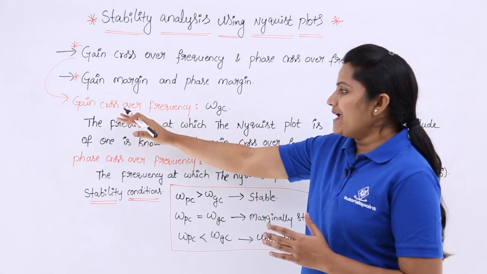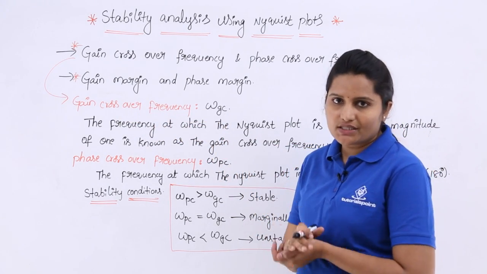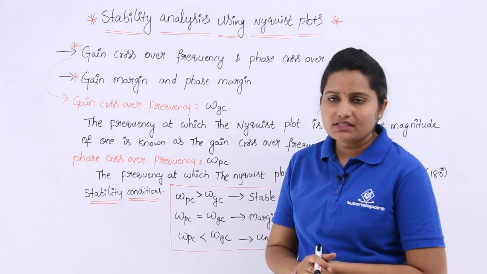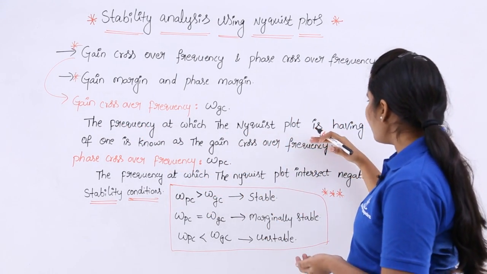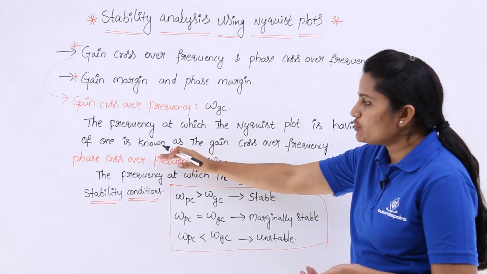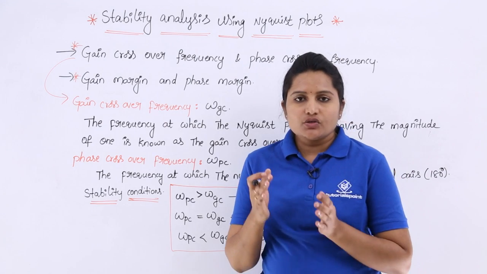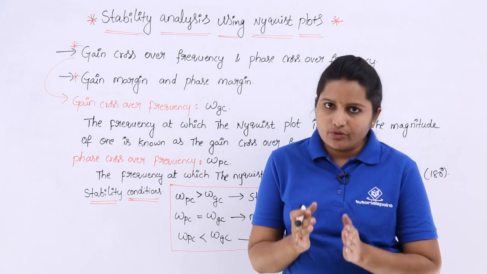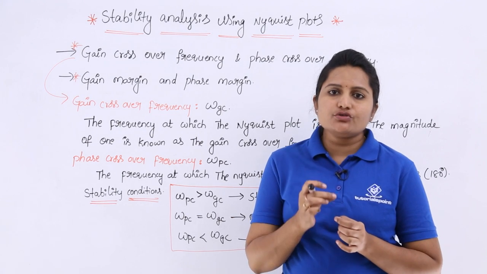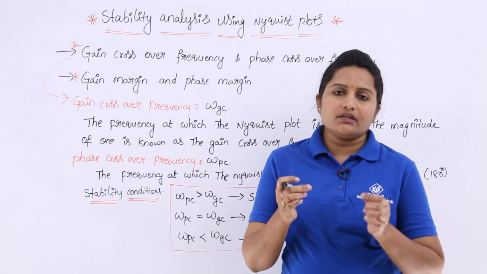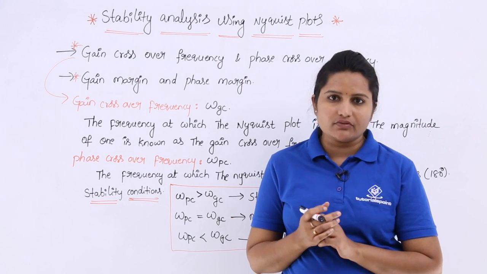Now, gain crossover frequency is always represented with omega Gc. The definition is: the frequency at which the Nyquist plot has a magnitude of 1 is known as the gain crossover frequency. You already have knowledge about the Nyquist plot. In that plot, we draw magnitude and phase of the transfer function.